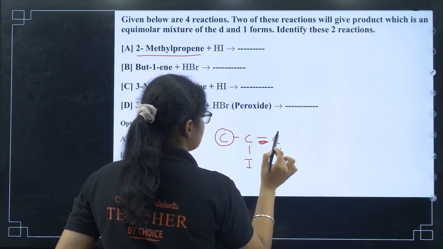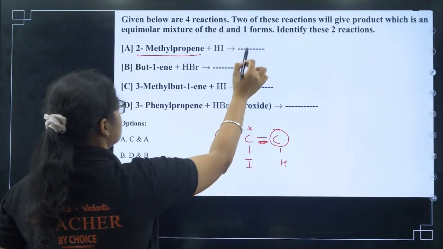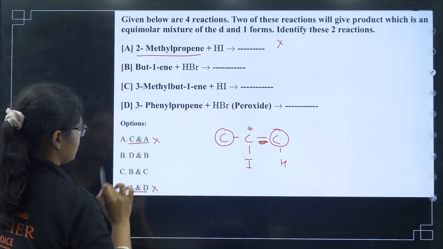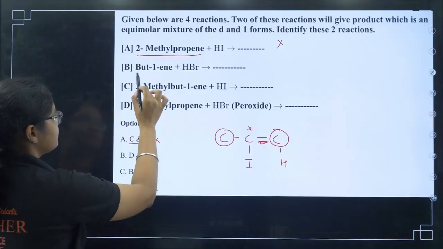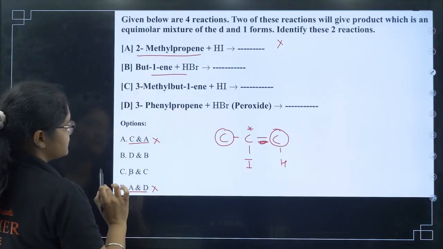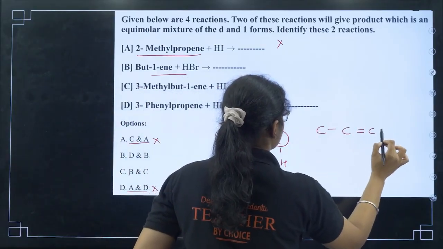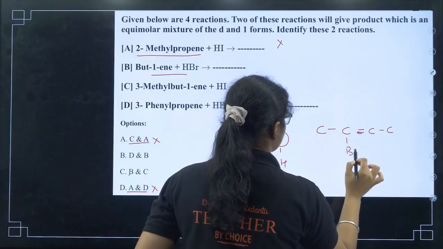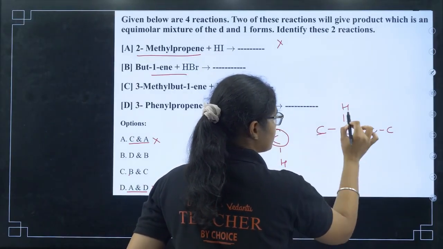Now you can see that on 2 sides I have a methyl group for this carbon, so it is not optically active. So A is not there, so whichever option has A, I can eliminate. Next, B is definitely there because both options have it. So if I see but-2-ene and you add HBr, HBr will follow Markovnikov's rule. But here there is no Markovnikov's rule; you can see that on this carbon all the 4 groups are different.